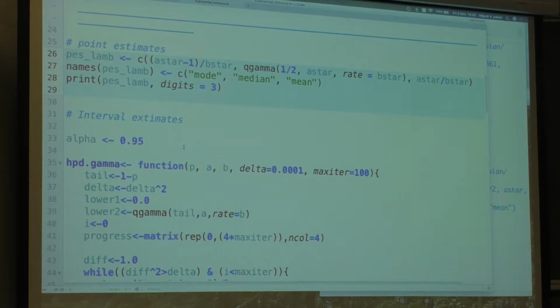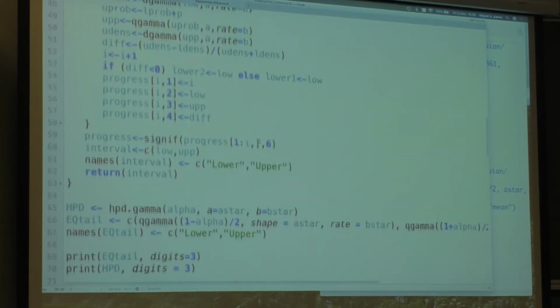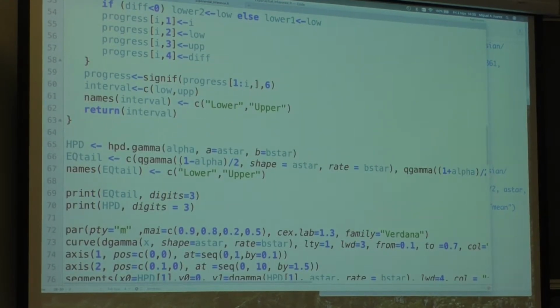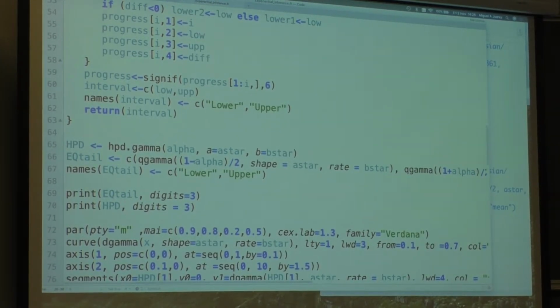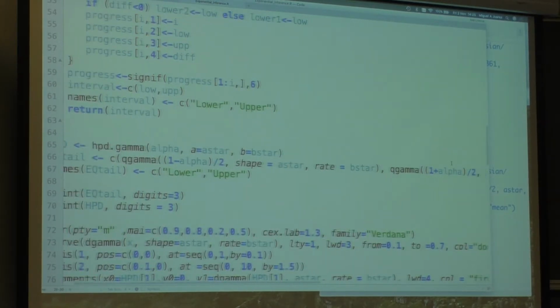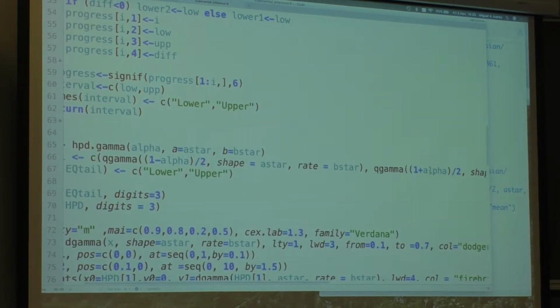To calculate the equally tailed interval estimate, again, I would need to use R, and that would be easier in the sense that I would just need to calculate the quantile of this posterior distribution that leaves alpha over 2 to the left, and then the quantile of this same distribution that leaves 1 minus alpha over 2 to the left, right?